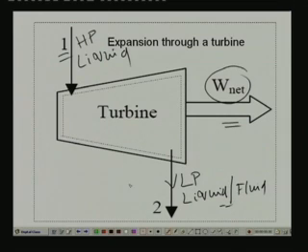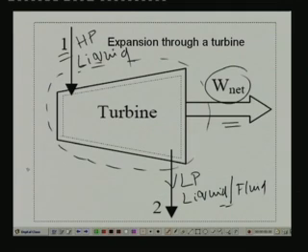So you can reduce the pressure of the liquid using a turbine, and let us say I am taking the control volume across this one and I am applying the first law of thermodynamics, and if I am assuming that this process is a steady state steady flow process, then you can apply the first law of thermodynamics for a steady state steady flow process.